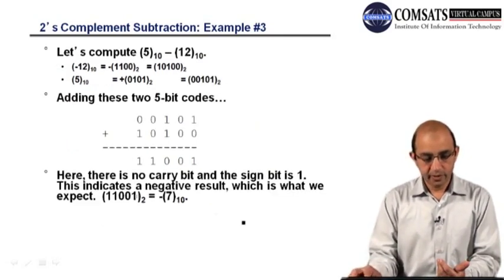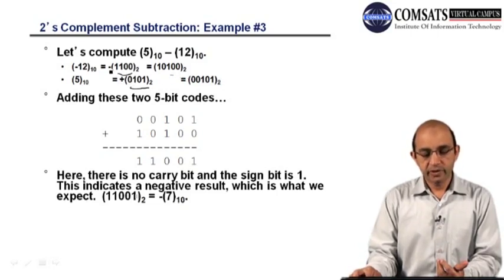So another example, right? We have minus 12 and 5. So we will convert that 12 to equivalent binary, and we place the negative sign over here, and this is the equivalent binary of 5, and this is the positive sign.